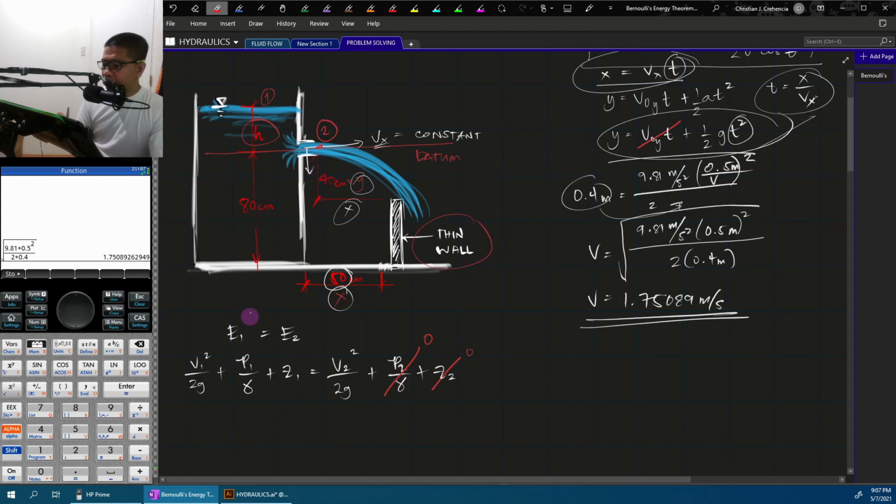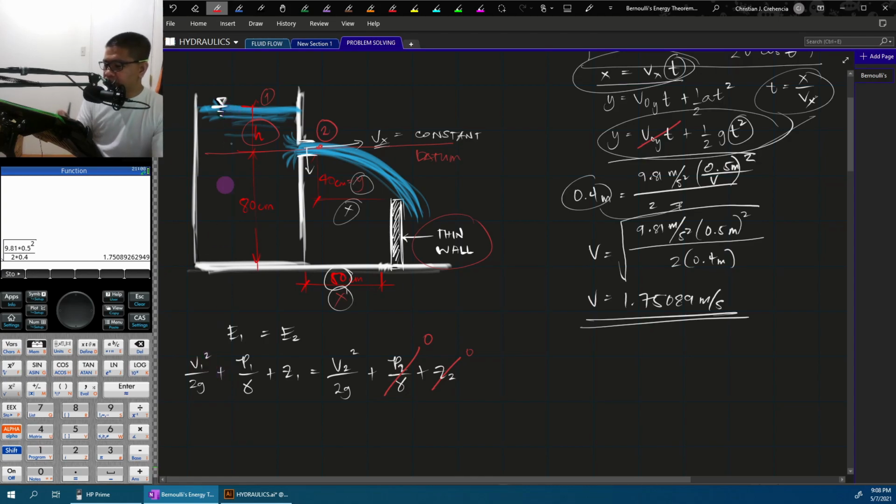Okay? Then, at point 1, we do not know how large this opening is, the surface area. And we can see here that there is a big difference between the area of the opening at the jet and the surface area of the water. Although the water level will eventually drop, it is very slow.